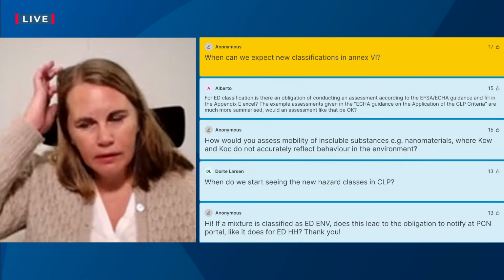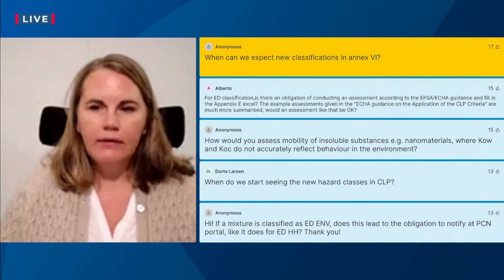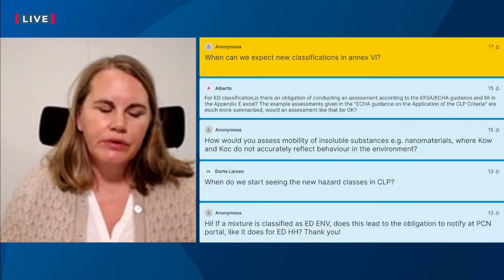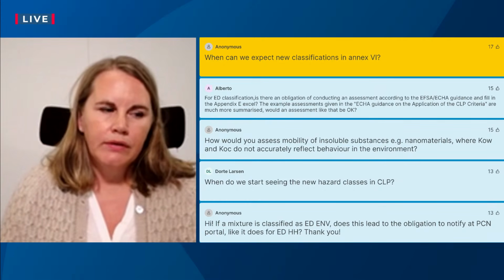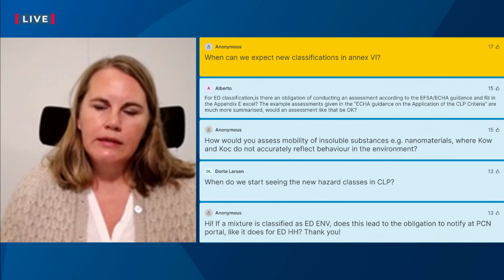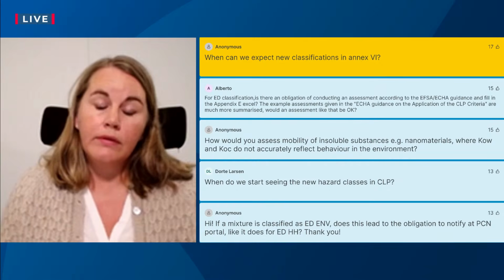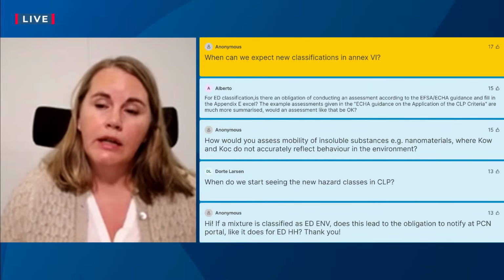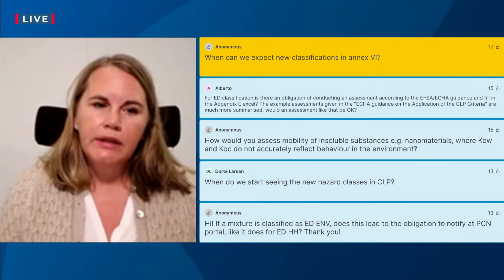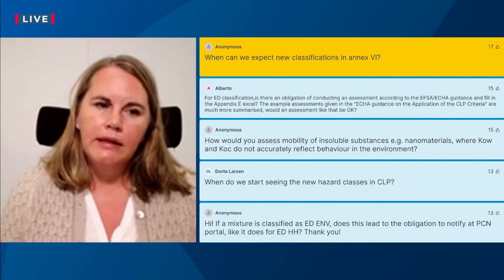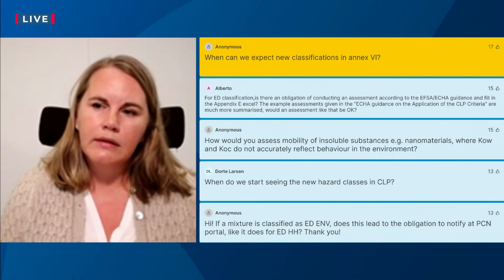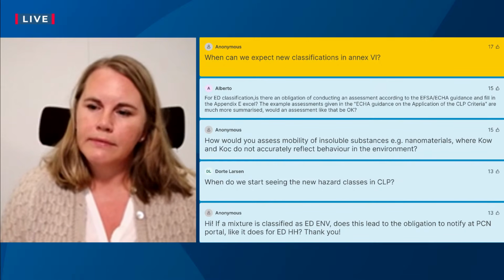This also relates to the delegated acts, which Kirsi also referred to earlier for the transition of SVHCs into classification and labeling. So yeah, I think 2026 is the earliest year we can see the new classifications in Annex 6. Thank you very much.